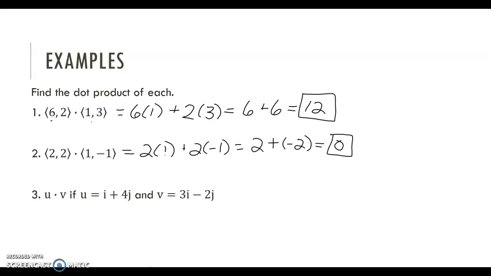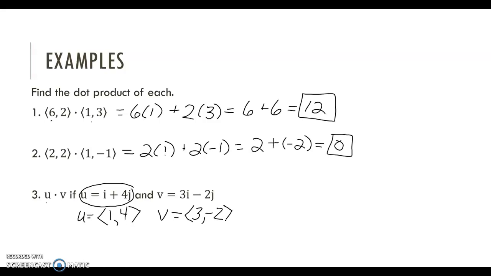And the last one is just giving us a different representation of our vectors. We're going to do u dot v for the dot product. My vector u is i plus 4j, so it's written right now as the sum of unit vectors, and I can change that. The coefficient with i is 1, the coefficient with j is 4, so the vector u would be the same as <1, 4>, and v would be the same as <3, negative 2>.